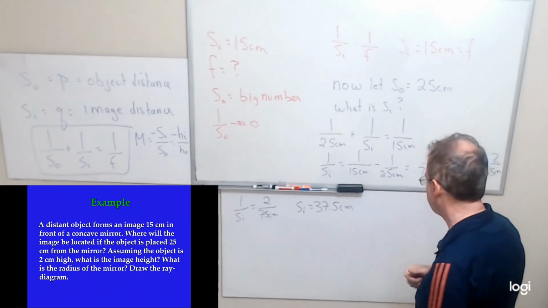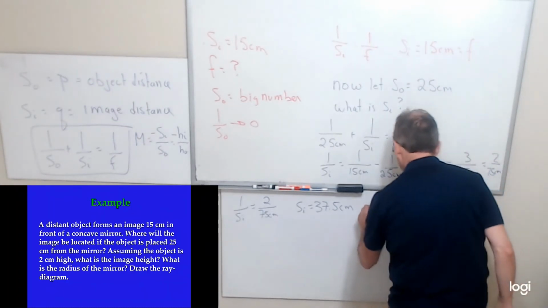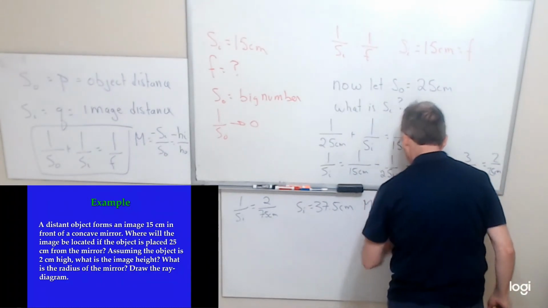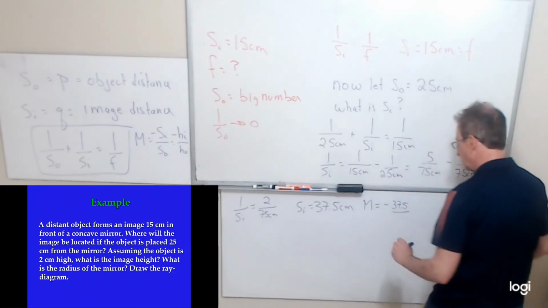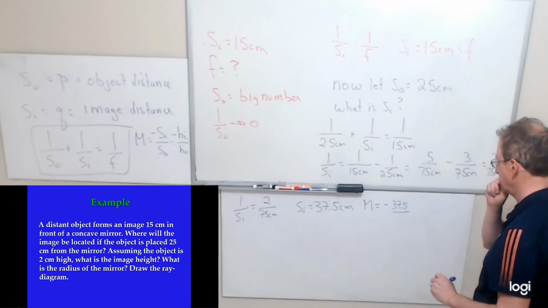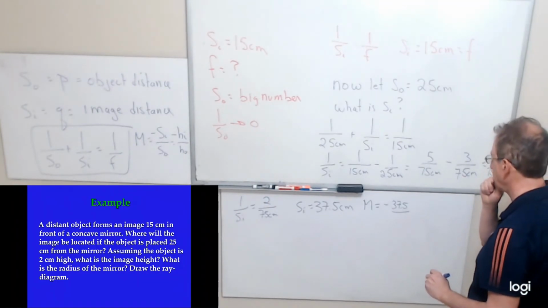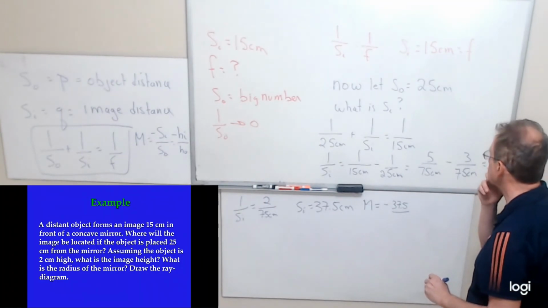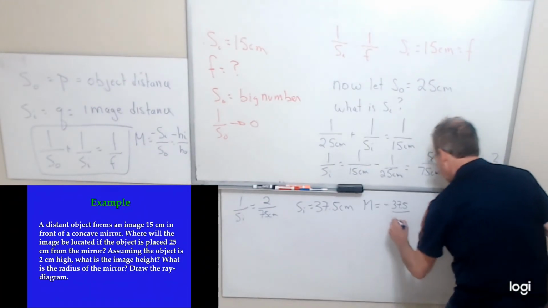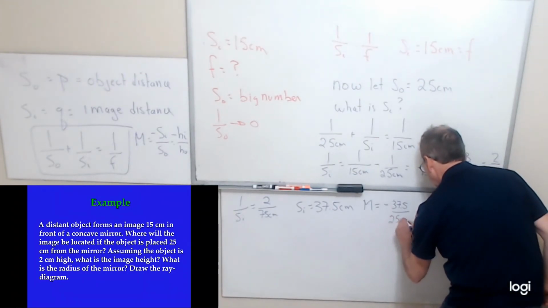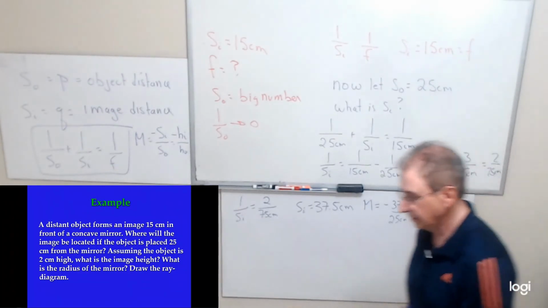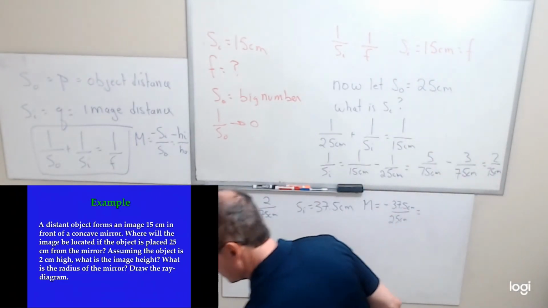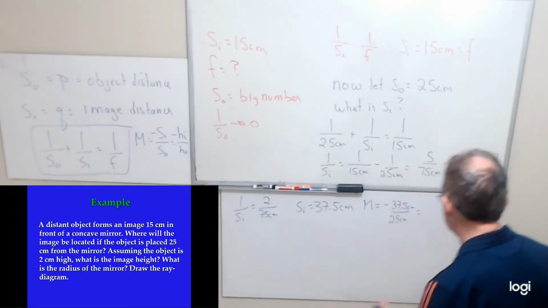What's my magnification? My magnification is minus 37.5 over, what was the object distance? 25? And that comes out to about 1.5.